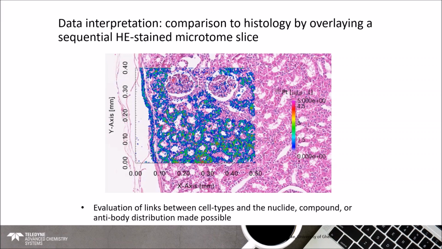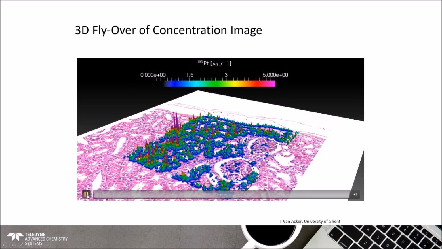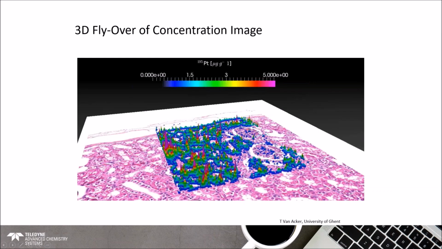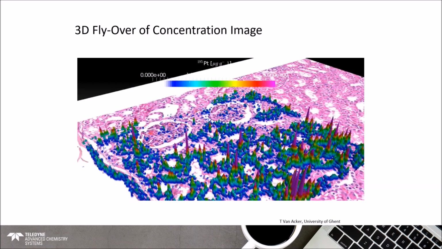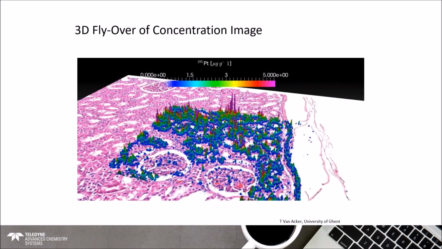So what you end up with is, if you were to overlay the data on top of the slide, a beautiful example like this, where you're able to see intensity in the Z. And this is a video that can be created within the software HDIP in order to give you a flyover, to be able to look at the individual features.